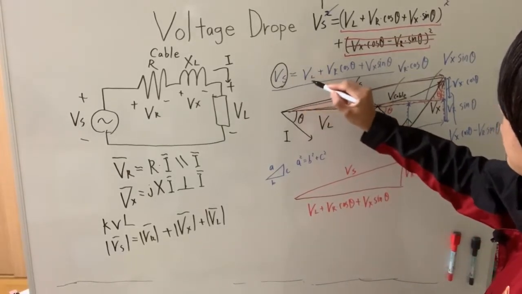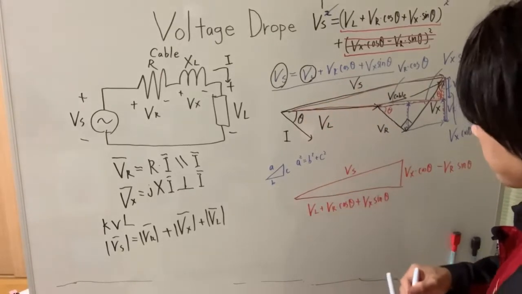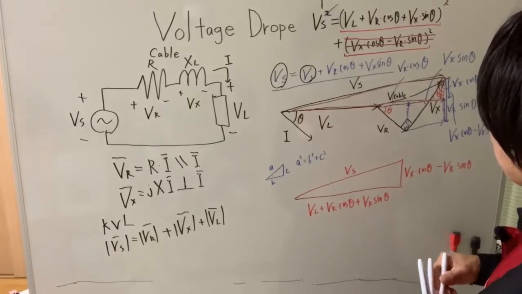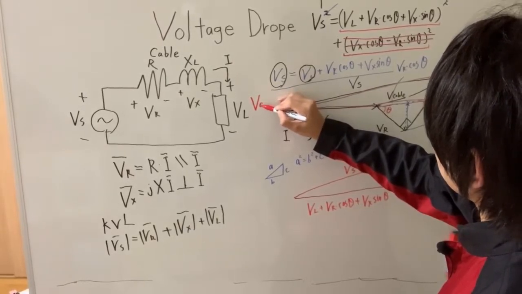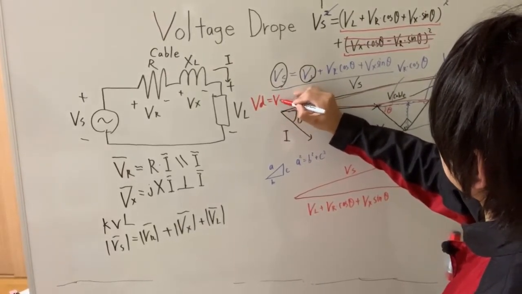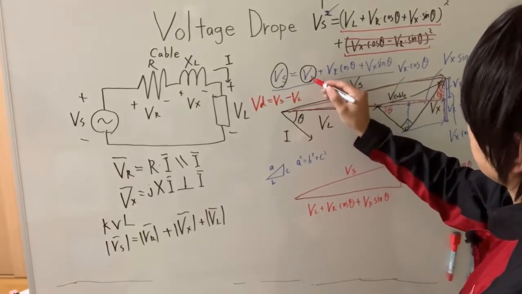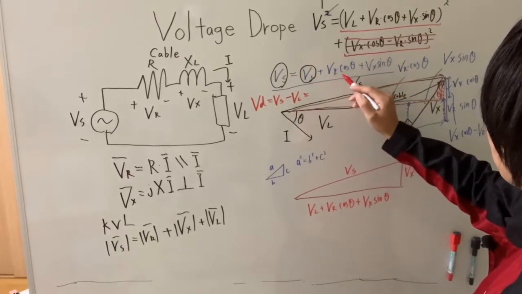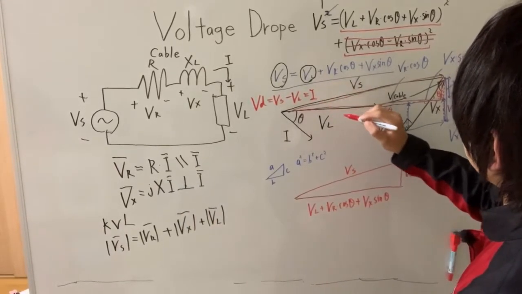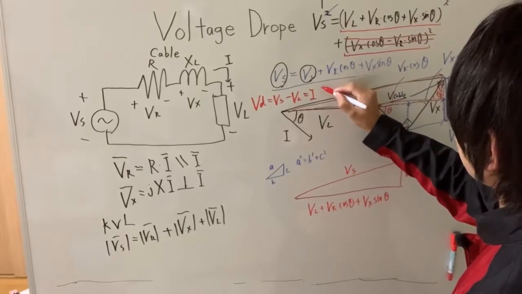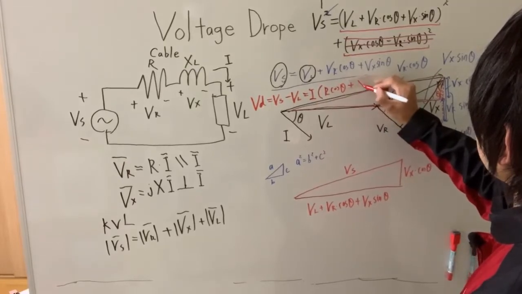This is the voltage source and this is the point of view, so let's say voltage drop BD equal BS minus BL, which is the load, and the BR and the BX are here respectively, so I times R cosine theta plus X sine theta.